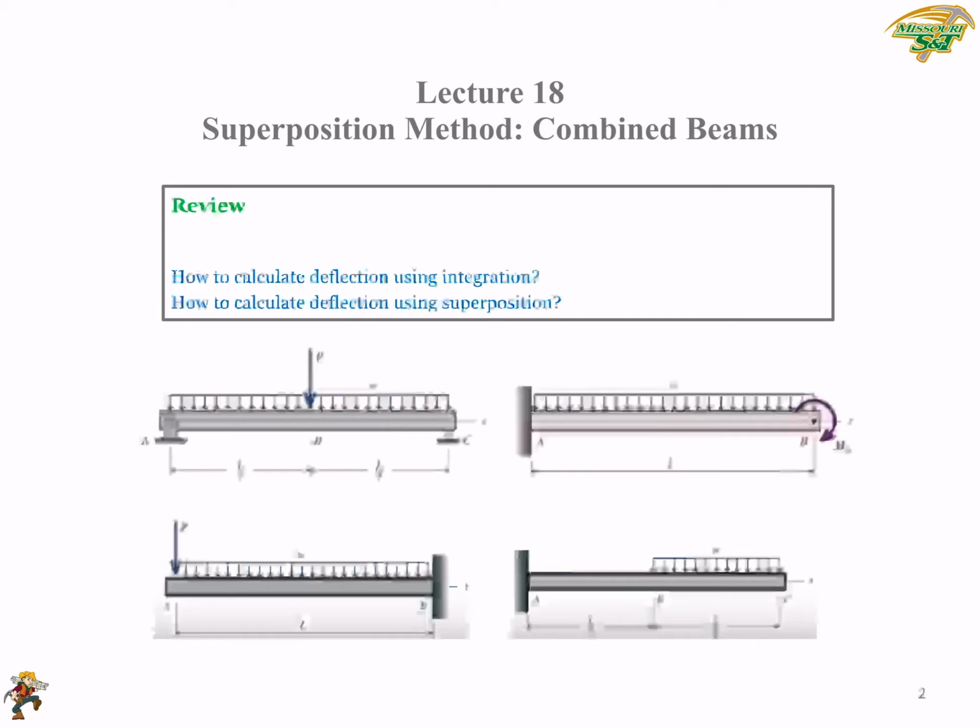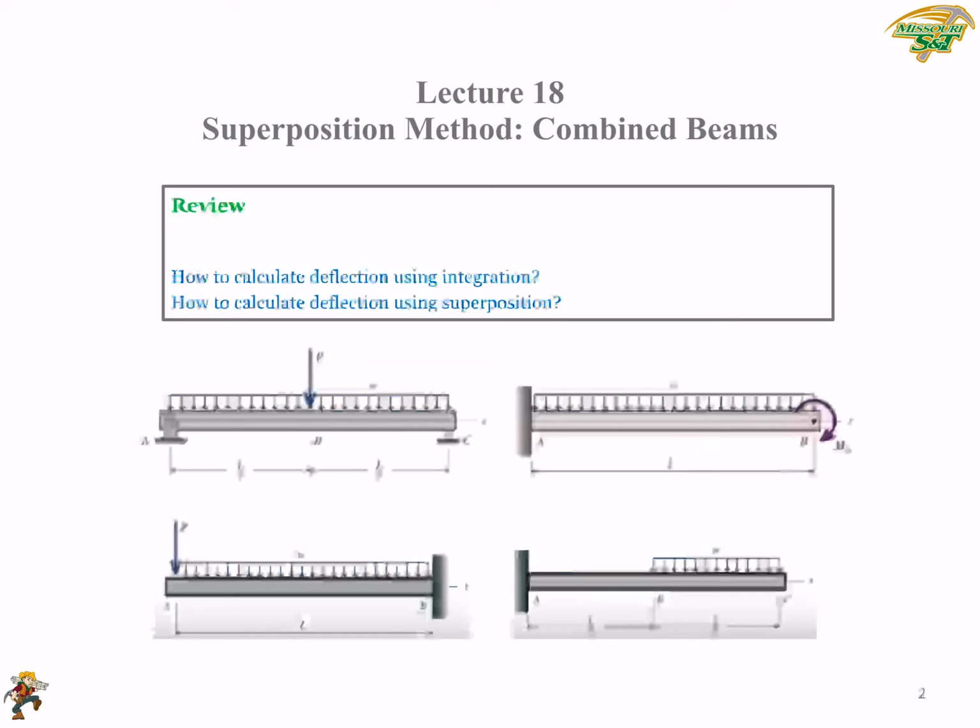Two days ago, we talked about the superposition method and used it to calculate the deflection in simple beams. But before that, we introduced the calculation method for deflection using the integration method. If you're given a random beam as shown below, and you want to use the integration method, you need to follow several steps.